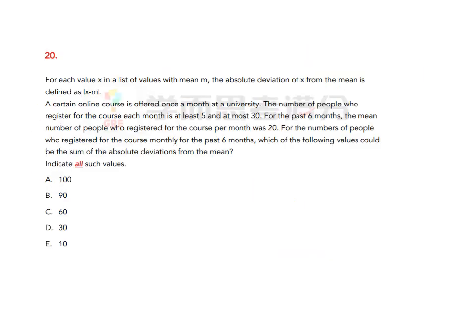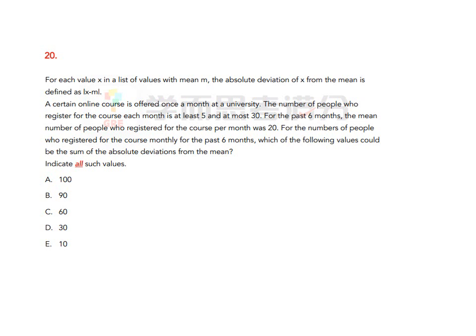We're in the last question. For each value x in a list of values with mean m, the absolute deviation of x from the mean is defined as the absolute value of x minus m. A certain online course is offered once a month at a university. The number of people who register for the course each month is at least 5 and at most 30.